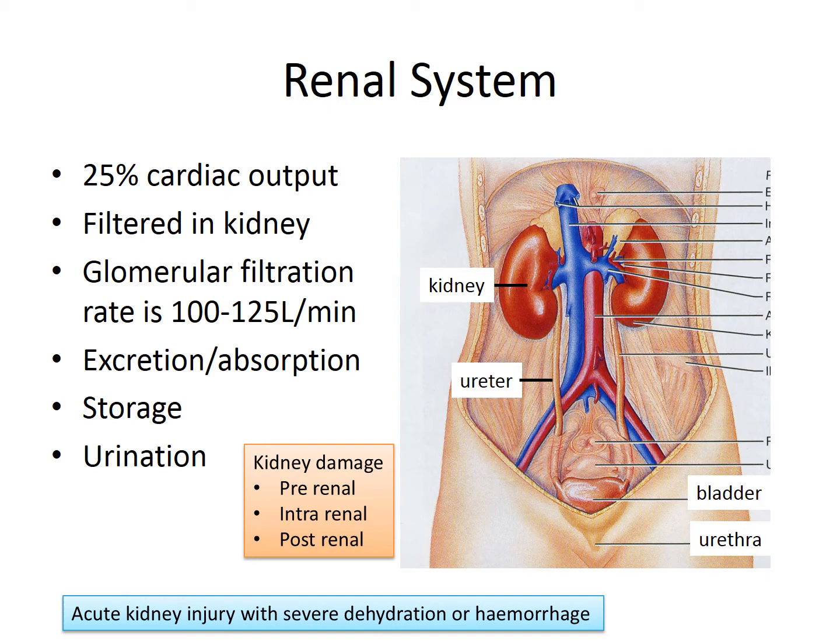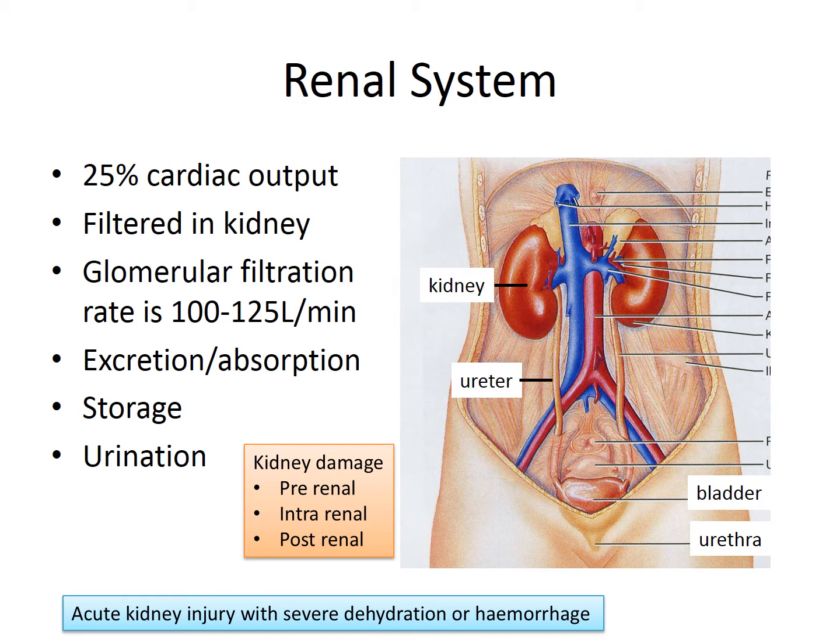And they transfer the urine that's been produced via the ureters, which are again on the posterior abdominal wall, and they travel all the way down to the pelvis where the bladder is located, and that's where the urine is stored, and there are sphincter mechanisms to prevent the urine from escaping, but these can be overridden consciously so that the urine can then escape via the urethra, which opens to the outside.